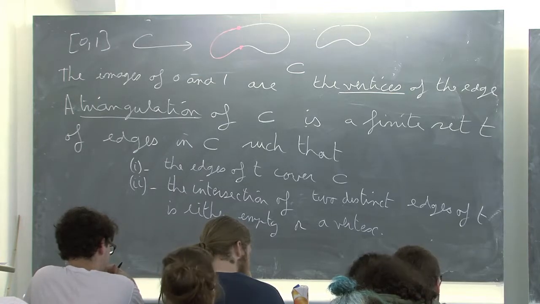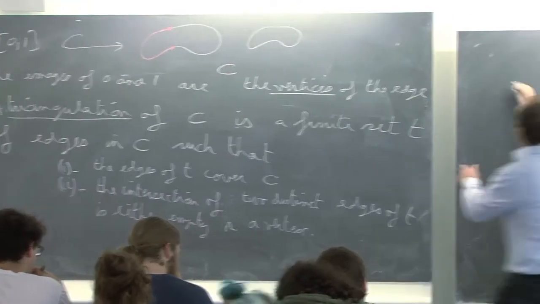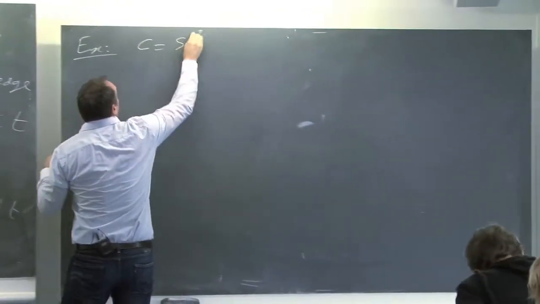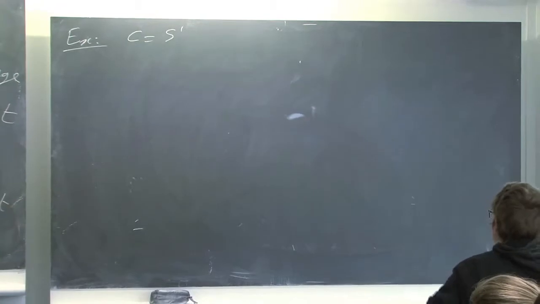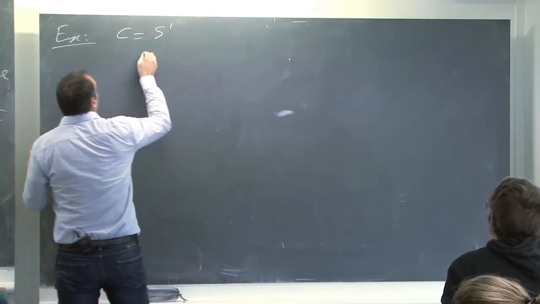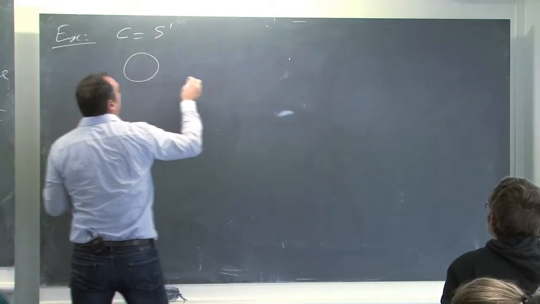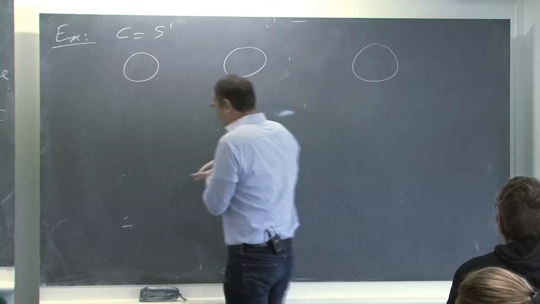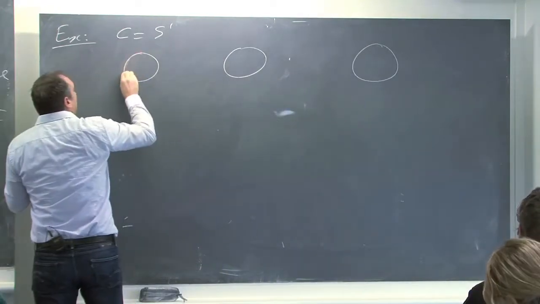So let's see, for example, for the circle S1. So I will, let's say, do this one. So I take this one.